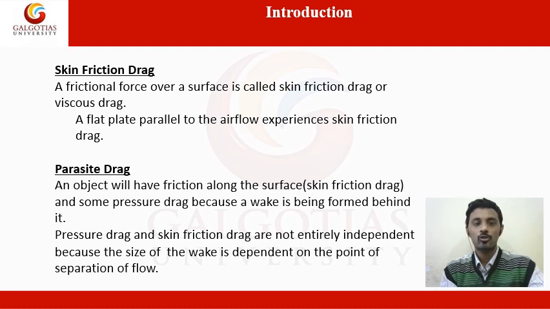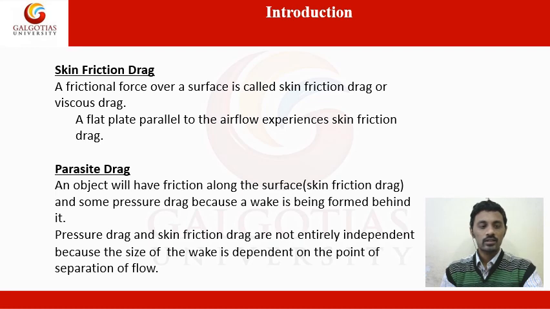Also, skin friction drag will occur due to the surface roughness. Only when there is a rough surface does friction come into the picture, and the frictional force over that surface is called the skin friction drag. The best example is a flat plate parallel to the airflow, which will experience skin friction drag.